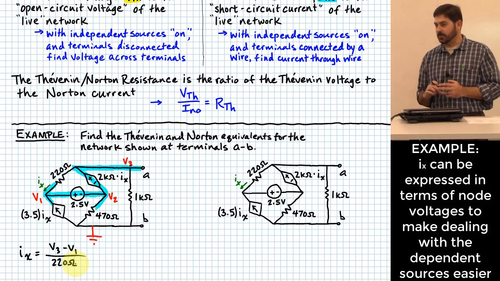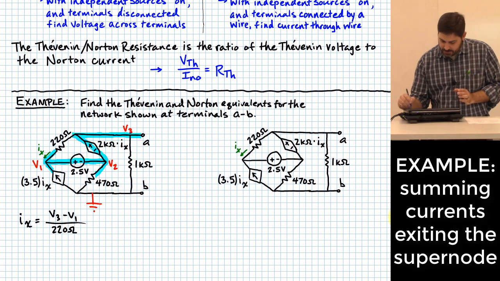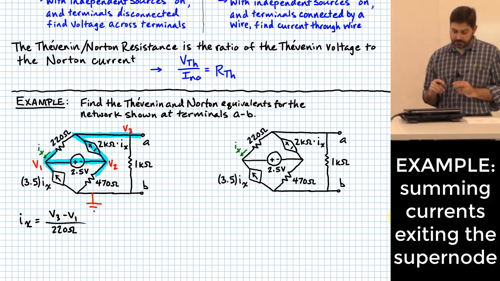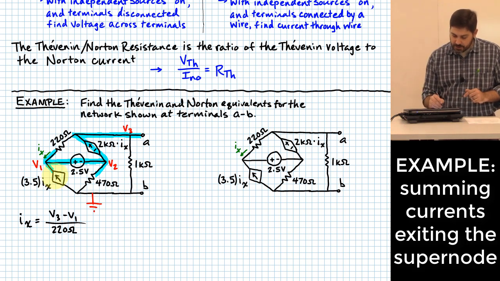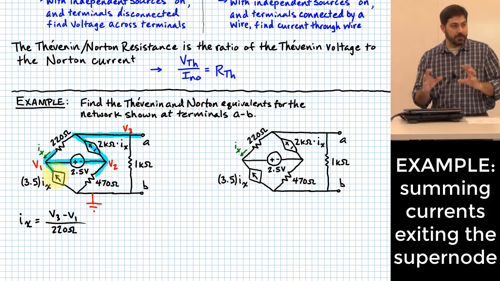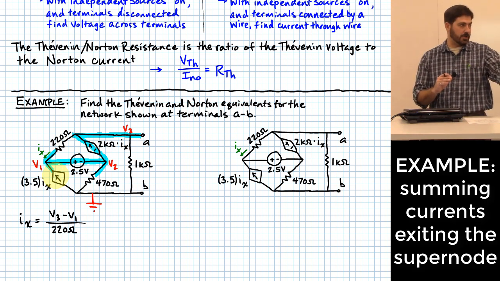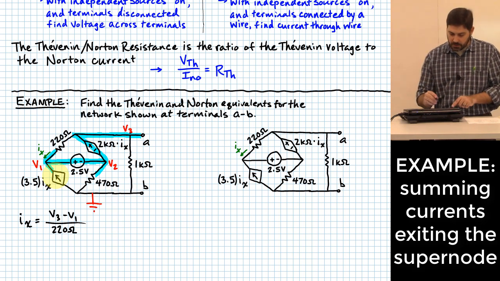Now let me do a sum of currents in and out of the supernode that I identified up there. Where's one of the paths that a current could flow? I'm going to take outward flow as being positive; in other words, currents that leave the supernode I'm going to take as positive.